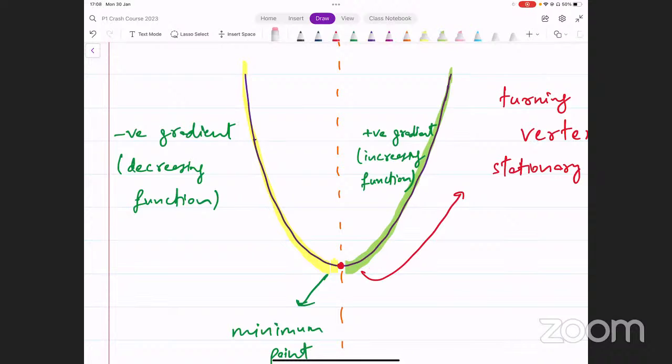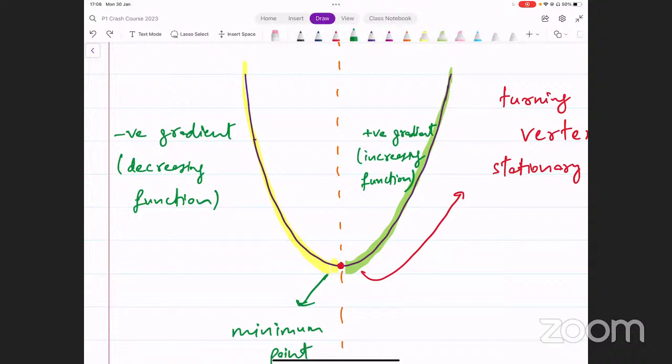What's the difference between the two? In the decreasing part, the gradient is negative. It's a downward sloping curve in that part. And in the increasing part, the gradient is positive. It's an upward sloping curve in this part.